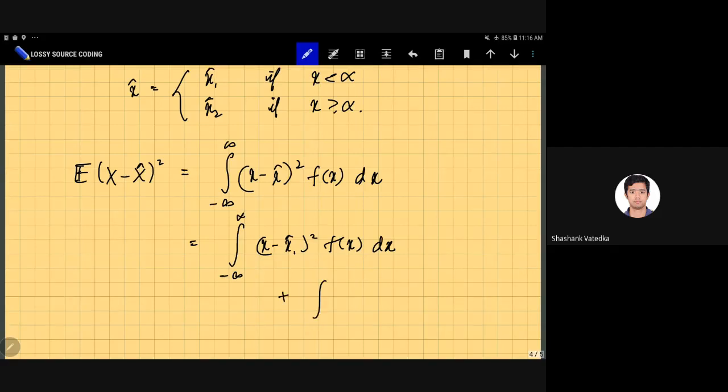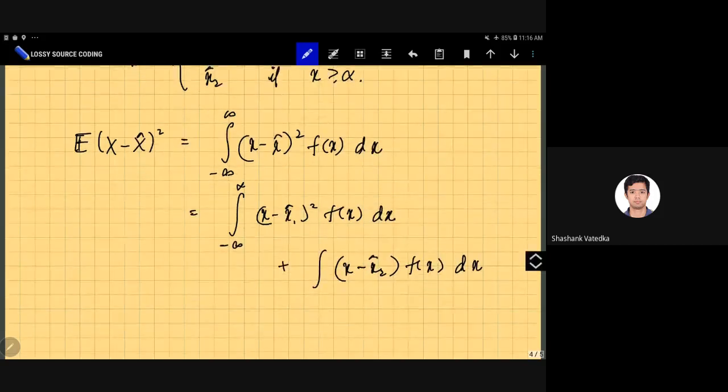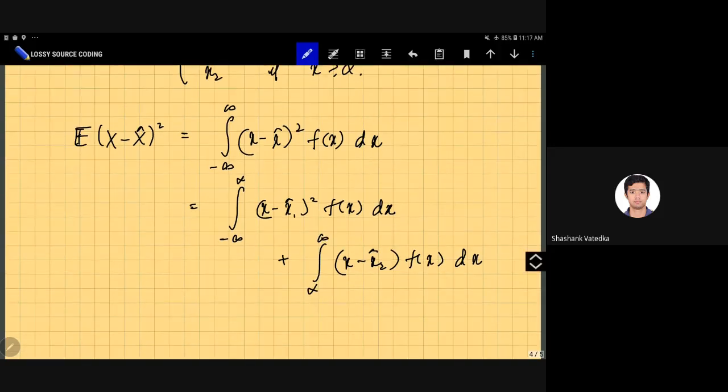And here it is x2 hat, f of x dx, right? So what are the limits now? It's alpha to infinity. So for simple 1-bit quantization, it's equal to this, right? So this is the mean squared error.